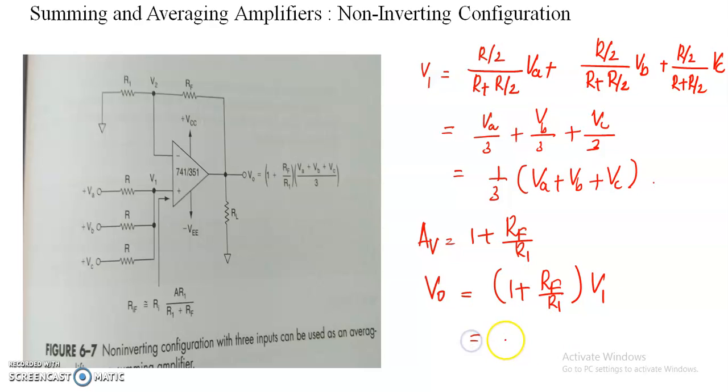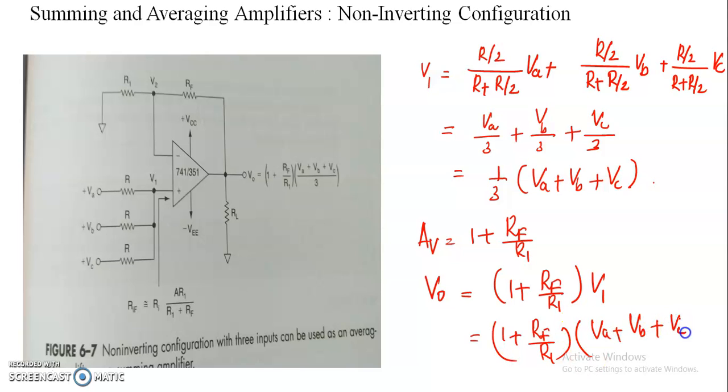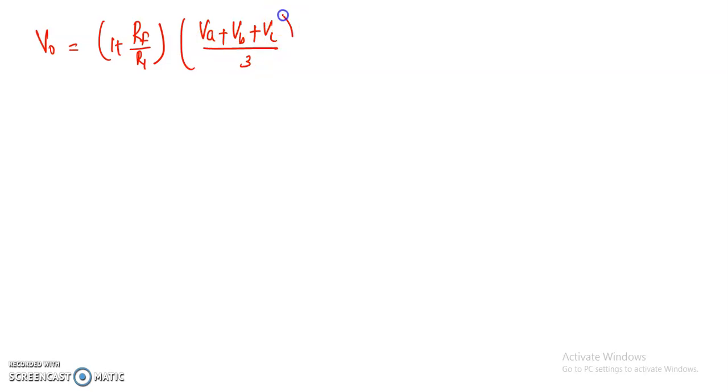So it is equal to 1 plus RF by R1 into VA plus VB plus VC all divided by 3. So we have obtained for the non-inverting configuration the output voltage VO equal to 1 plus RF by R1 into VA plus VB plus VC all divided by 3.